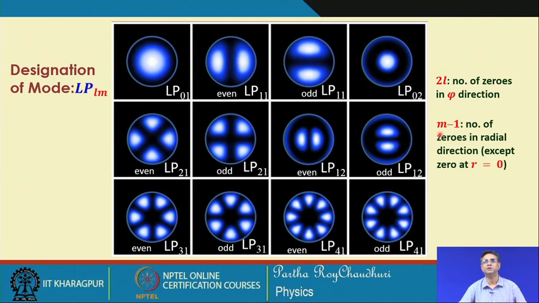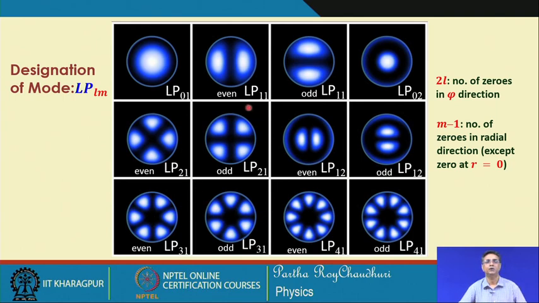So M minus 1 zeros in the radial direction will give you this mode pattern, and twice L is the number of zeros in the phi direction. If you take L equal to 4, it will become 8, and the number of zeros in the radial direction, M equal to 1, gives 1 minus 1, so there is no zero radially. That is how you can constitute all the modes theoretically and numerically, and if you look at the mode pattern of the light coming out of an optical fiber, they are also similar.